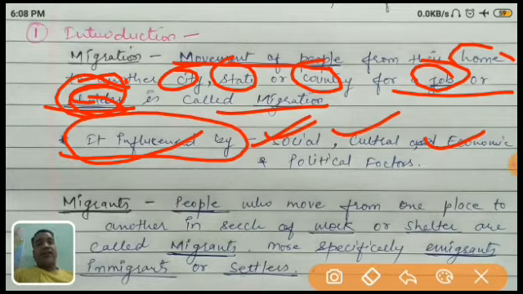Economically, the condition is not suitable for living, it means the money is not enough. And last one is political. I explained in the last chapter what political is. If the party is not stable, if they are not taking decisions properly, or if it is against a particular community. So these are all the reasons why people are migrating from one place to another.